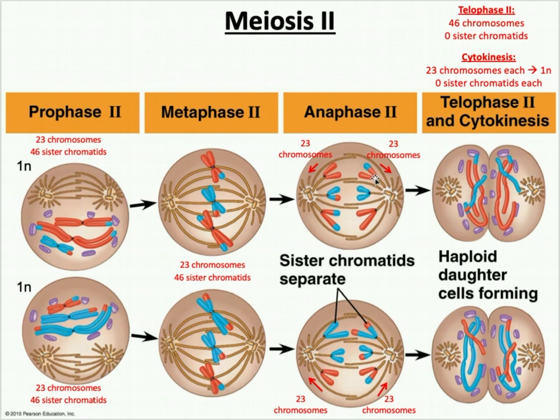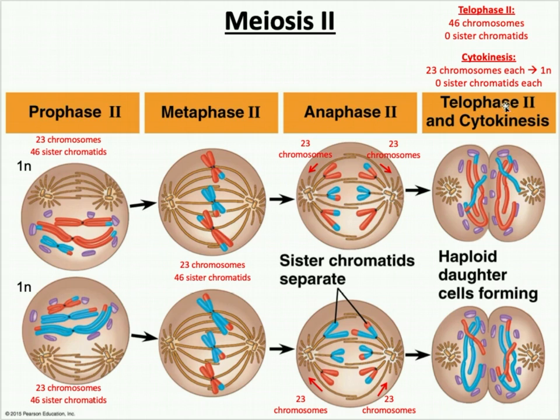So if they separate, that means the centromeres, the region that was holding these sister chromatids together, have split. So now these sister chromatids have become individual chromosomes, where 23 chromosomes will be pulled by those microtubules to this side of the cell, and 23 chromosomes pulled to this side of the cell.